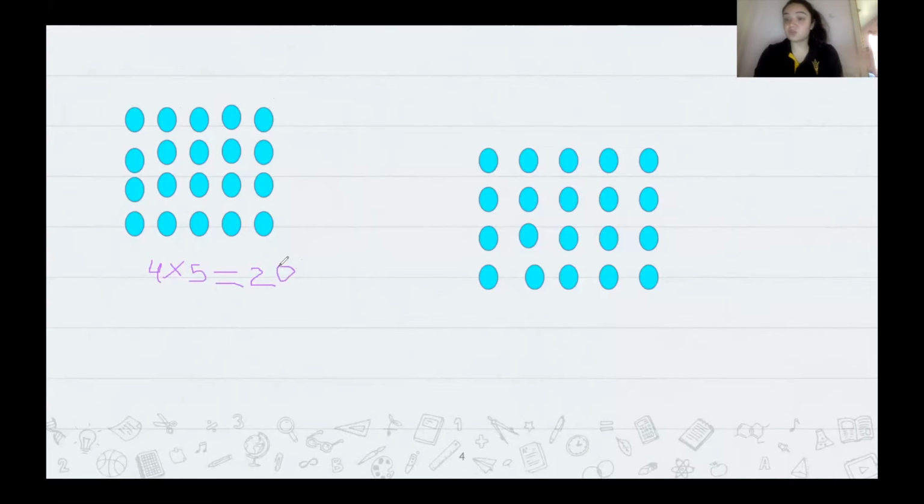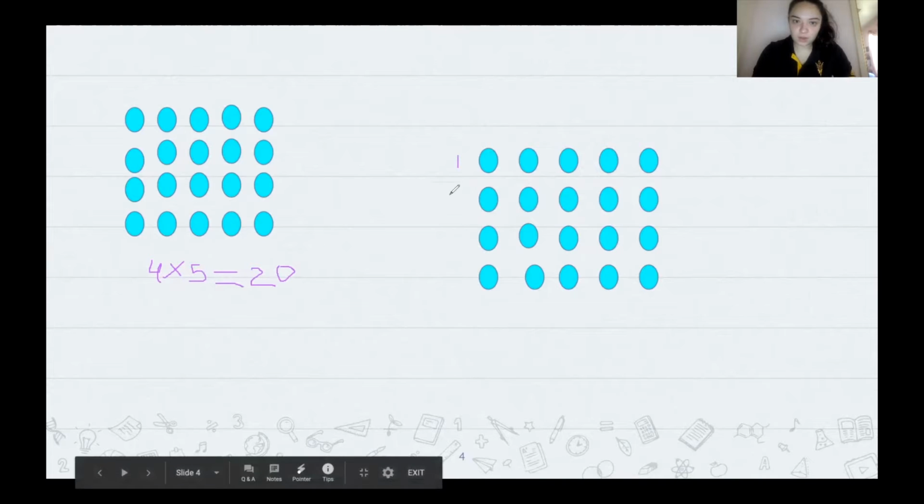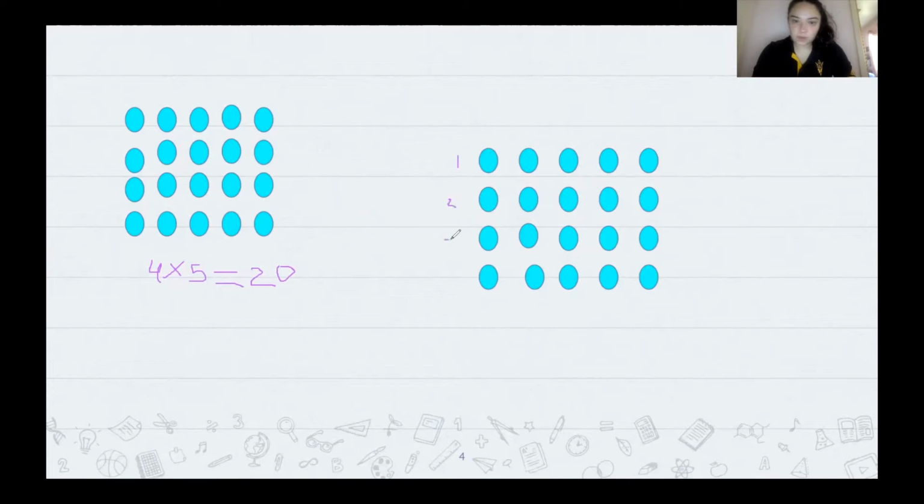Because if you count each row, there are 5 in each row, so 4 times 5 equals 20. Here's another one. It's the same array, just a little bit bigger, but this one you can actually see we have 4 rows, 1, 2, 3, 4, and there are 5 in each row, so 4 times 5, once again, equals 20.